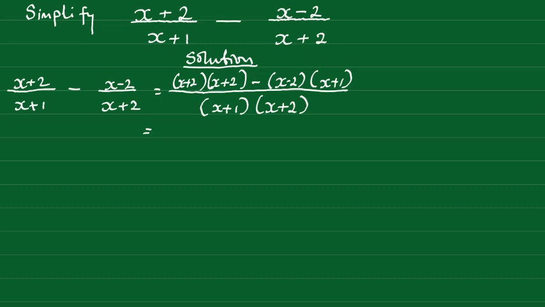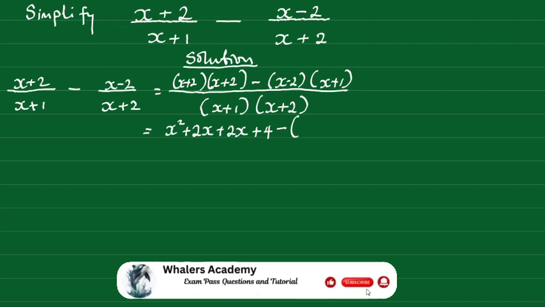Now x times x, we have x squared. x times 2, we have plus 2x. Now 2 times x, we have plus 2x. And we have 2 times 2 gives us plus 4, minus bracket open.